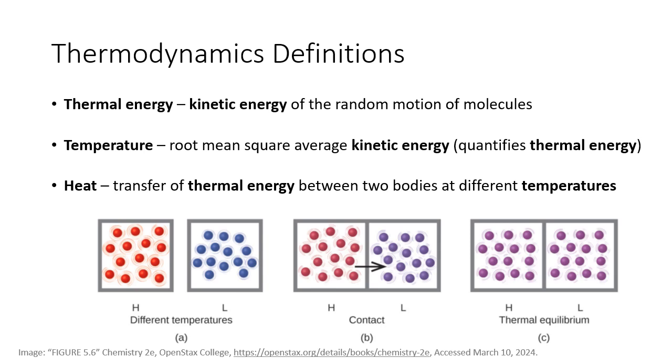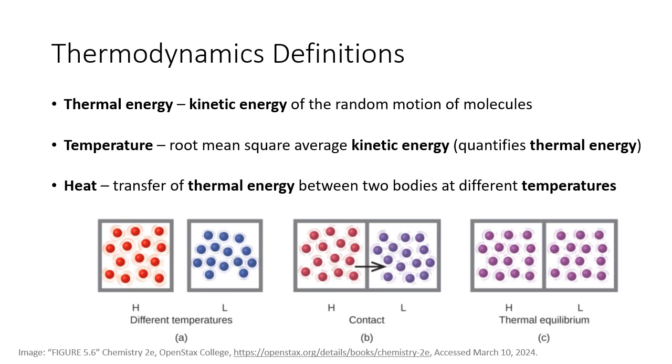So if it's hotter, the temperature is higher and the thermal energy is higher. If the temperature is low, that means the kinetic energy is low and the thermal energy is, yes, you guessed it, low. Heat is the transfer of thermal energy from two bodies at different temperatures.